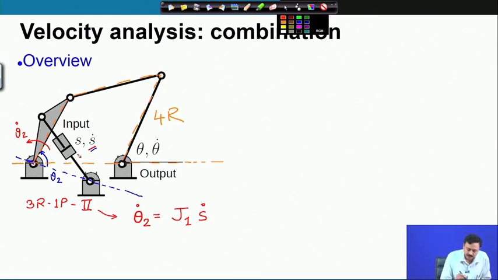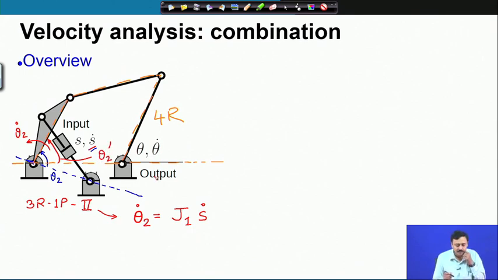So, this is the angle theta 2, let me call it theta 2 prime. This theta 2 prime is the angle, input angle for the 4R chain.